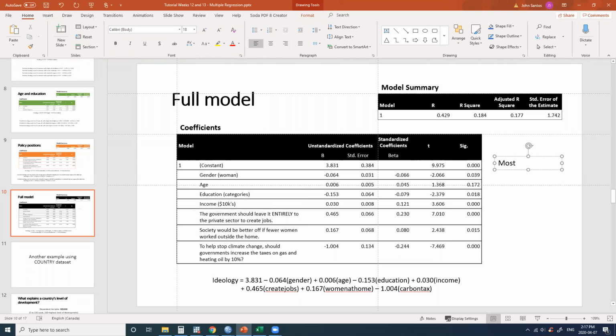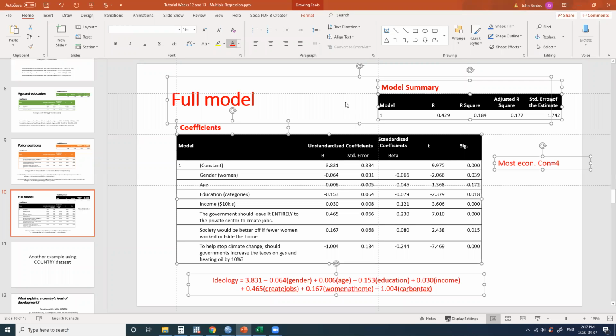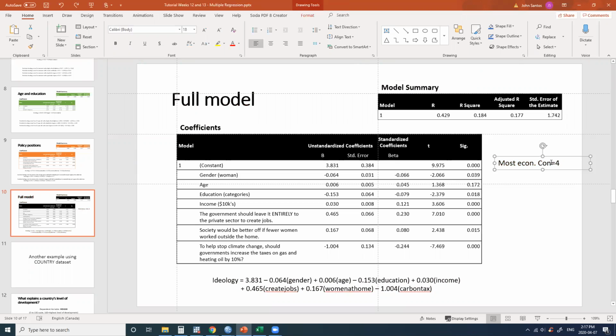The most economically conservative position is 4, so that would be strongly agree with this statement: the government should leave it entirely to the private sector to create jobs. The least economically conservative position is equal to 1, right?